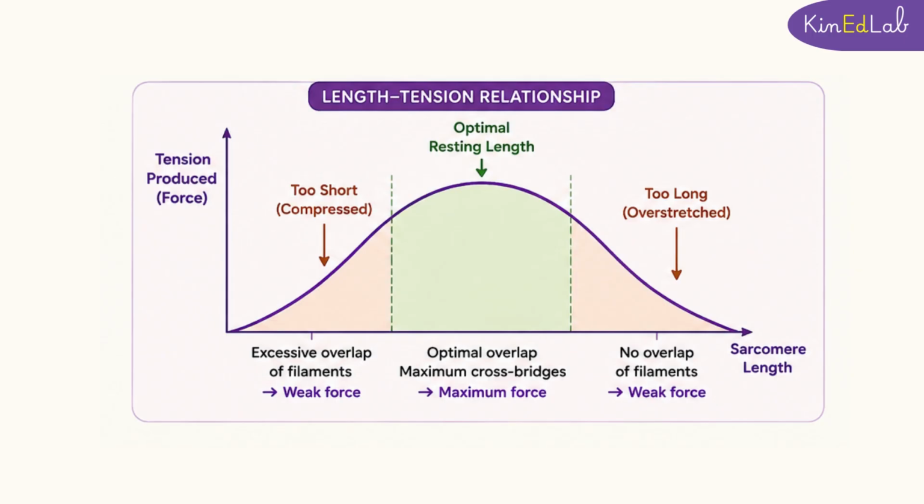If the sarcomere is too short, the filaments don't interact optimally. If it's stretched too far, there's not enough overlap between actin and myosin to form enough cross bridges. But somewhere in between, the overlap is just right. And that's where the muscle can produce its greatest active tension. So, extensibility isn't simply that a muscle can stretch, it's about allowing the muscle to operate across a range of lengths while maintaining its ability to produce force.